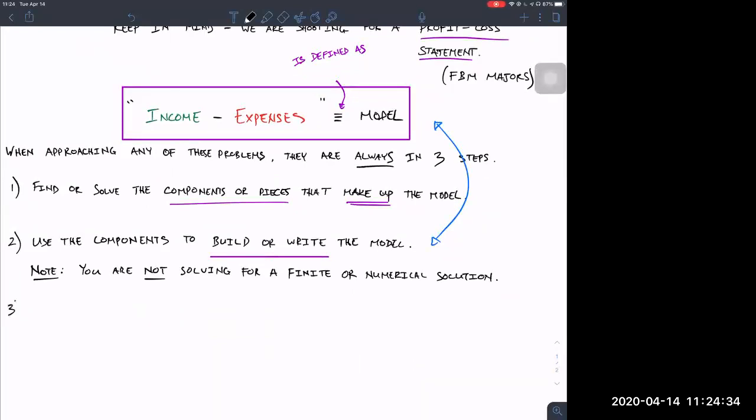However, once you find the model, you will have follow-up questions. Follow-up questions can be single answers or single numbers, if you will.